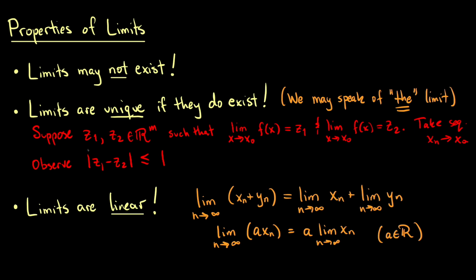Then I can have that the norm of z1 minus z2 is less than the norm of f of xk minus z1 plus the norm of f of xk minus z2. This is again by the triangle inequality, the second or third time we've used it so far. And the point is that if both of these are limits, then both of these have to converge to 0 as k goes to infinity.